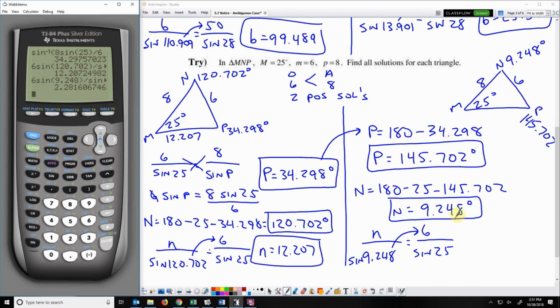And I actually did my subtraction wrong here. That should be 9.298, which is going to change my calculations here. So I'm going to have to redo that. 6 times sine 9.298 divided by sine 25.